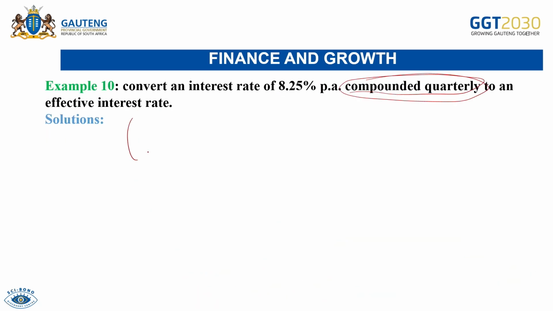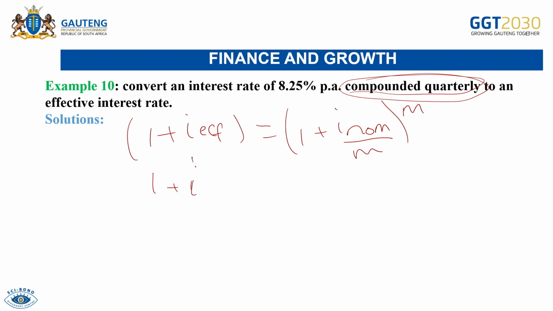So it is going to be 1 plus i effective equals 1 plus i nominal all over m, to the exponent m. We are converting to an effective interest rate, so your i nominal is going to be 8.25.